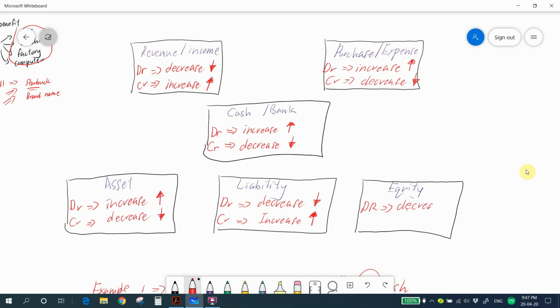We debit the equity account when your equity become lesser. On the other hand, we will make a credit entry when your equity increase.